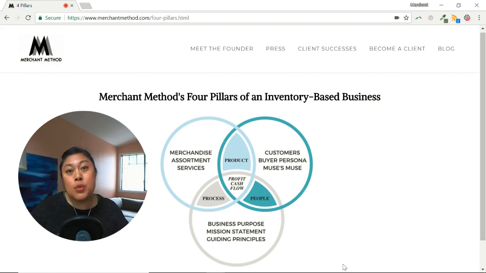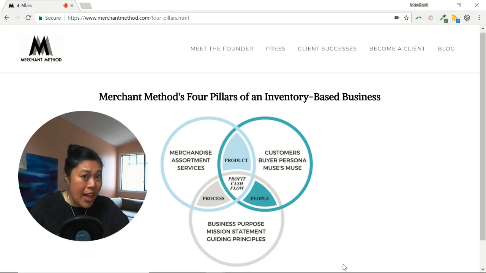Or we have challenges with merchandise assortment. And to me, merchandise assortment, even though it's this other pillar out here, this other area of the business, because we run inventory-based businesses, when you get mission right and customers right, it's going to be so much easier for you to assort your product or determine what services you want to offer your customer.